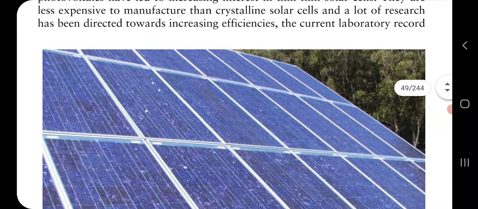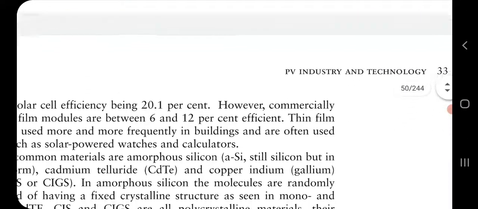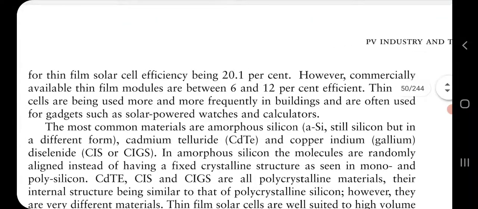If you see, this is a thin film solar panel, and its efficiency is about 20%. It is also used in calculators and watches.